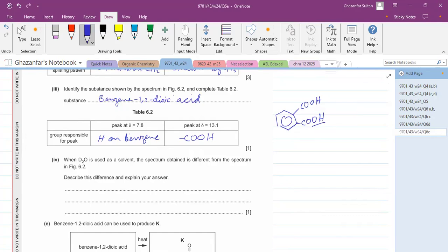So we can write that the peak at chemical shift delta 13.1 will disappear because of proton exchange.